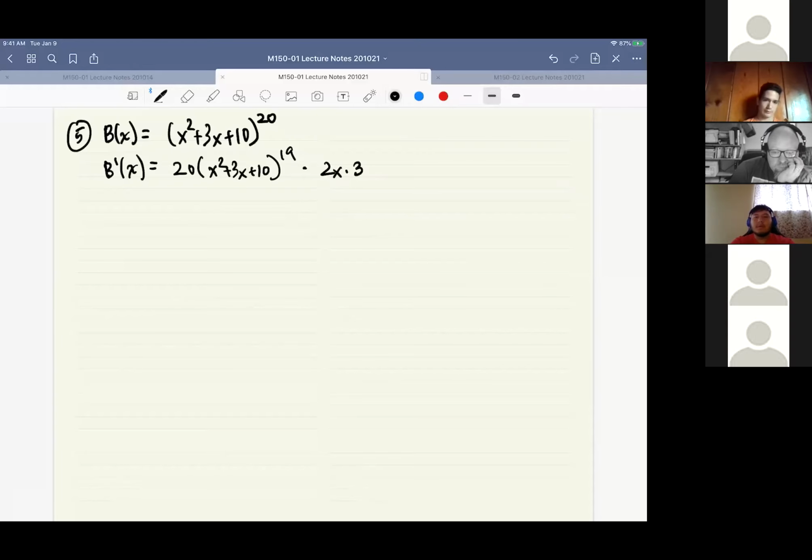Oh, wait, never mind, I'm sorry. That is a plus 3. Ah, 2x plus 3. Good. Sorry about that. And then because of the 10, we get a 0. So we could leave it like that. And then what we can do is combine the 20 with the 2x plus 3.